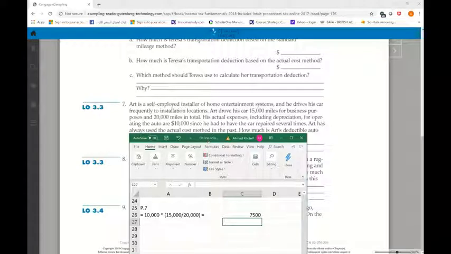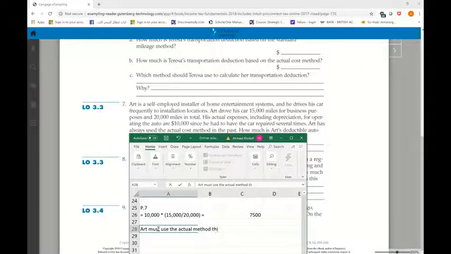Okay, and since Art has always used the actual cost method, he must use the actual method this year. So this means that Art must use the actual method this year, because he used it before.